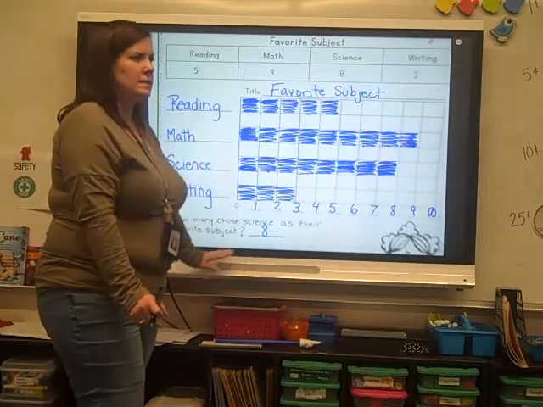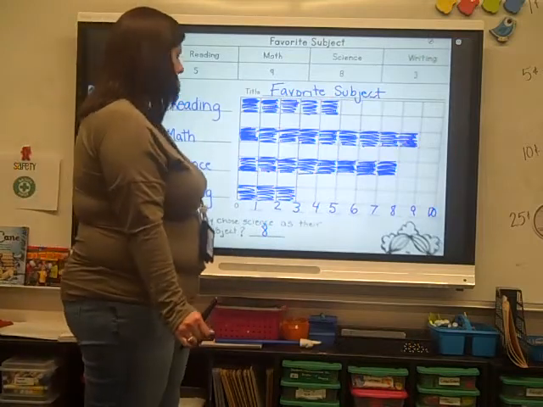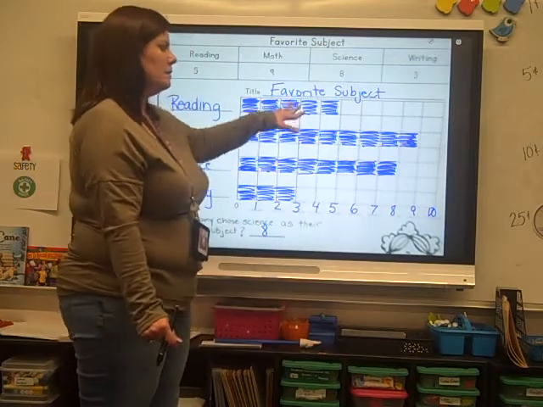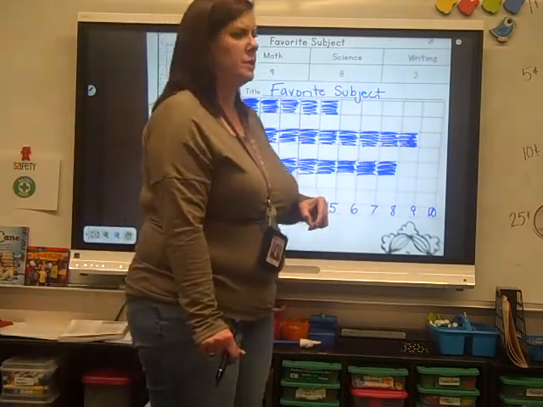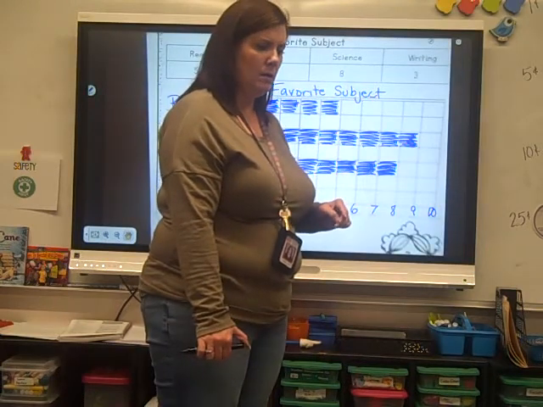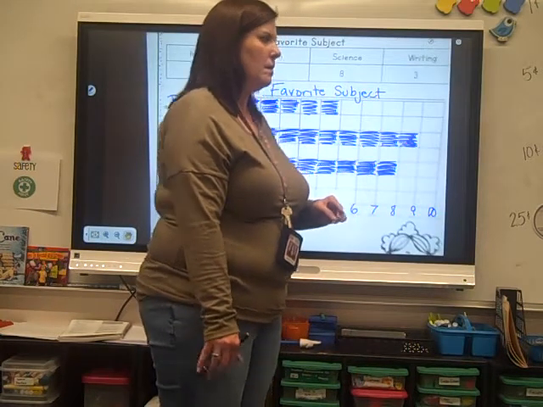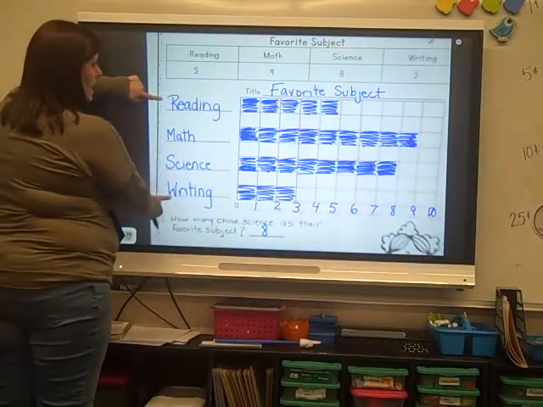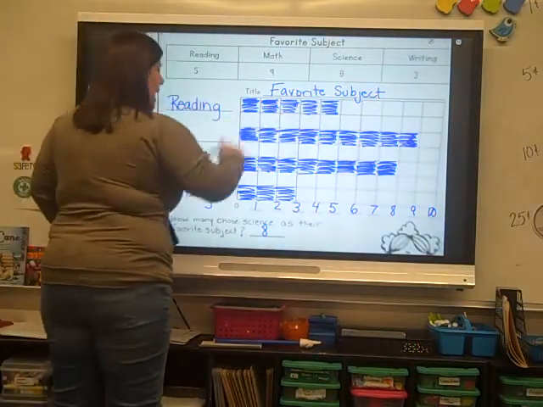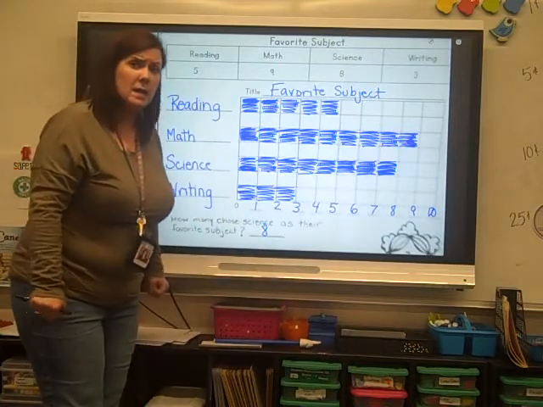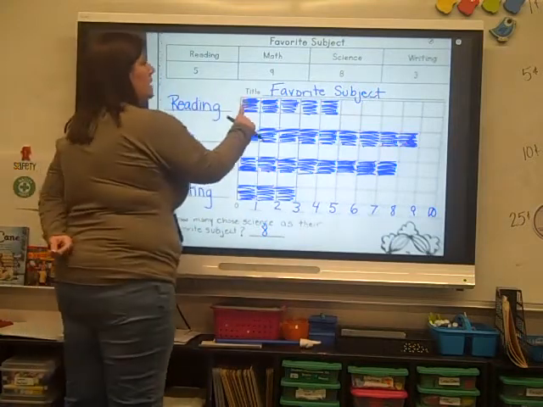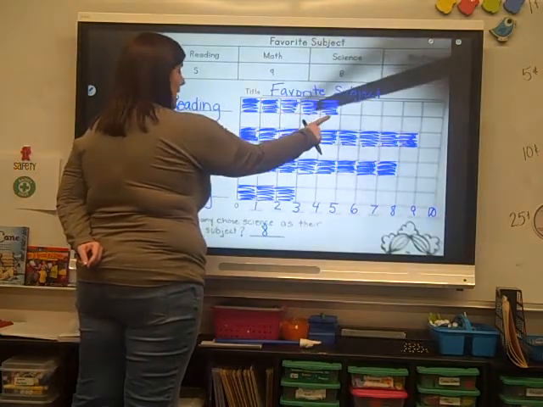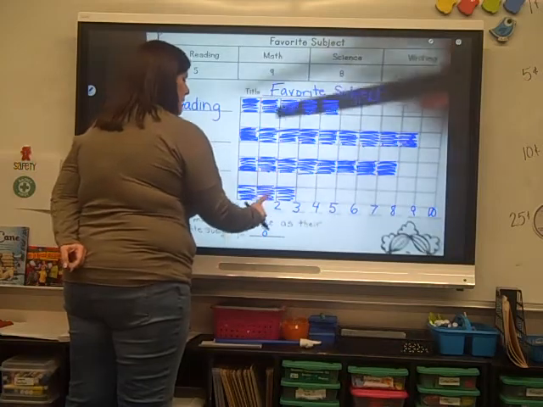Now, you can't see the next question, but Miss Bridget's going to read number 2 out loud for me, and then I'll help you find it on the graph. What's number 2 say? How many chose reading or writing as their favorite subject? Okay, so I want to know reading and writing together. So I've got to count the reading and the writing. Can you all count with me? Ready? Let's count. 1, 2, 3, 4, 5, 6, 7, 8.